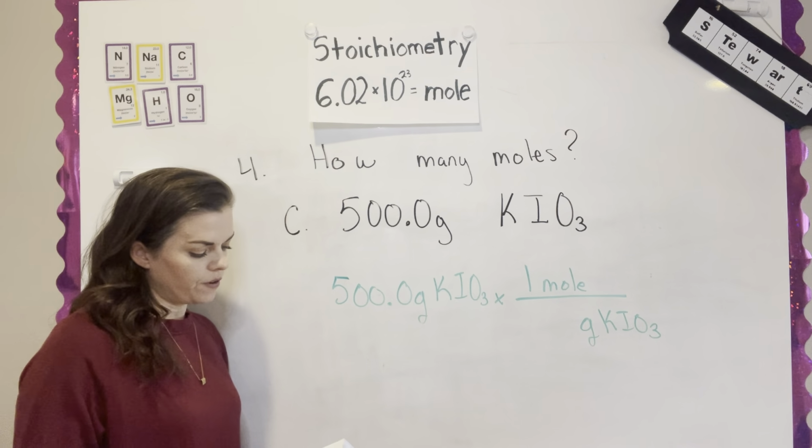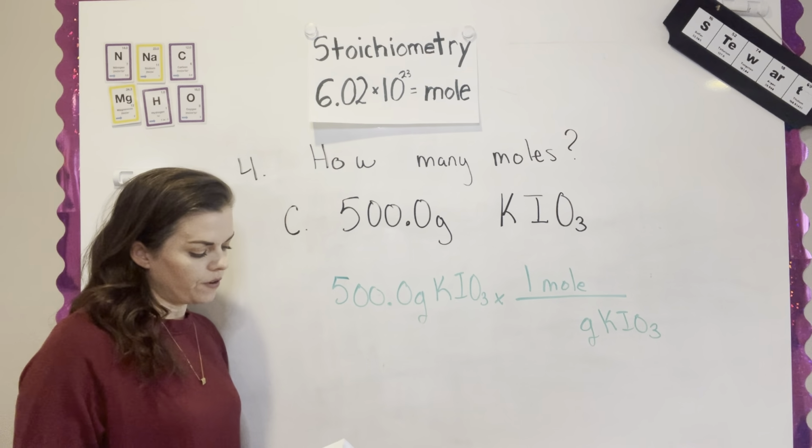Now when I'm going from one part of this equation to the other, I have to remember that these coefficients are only used for moles. They're only giving me a ratio in moles. So I cannot use this for moles to grams, but I can go moles of NaOH to moles of Na3AlO3, and then from moles of this to grams of this. So we'll do it in two steps.